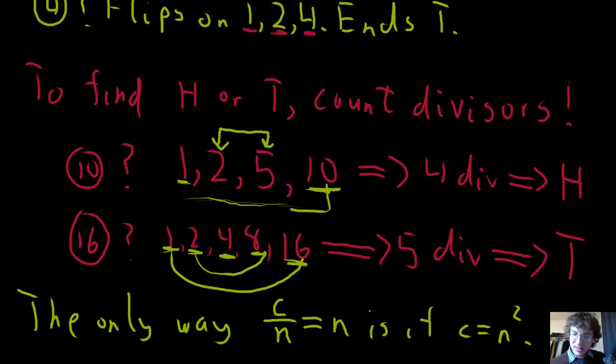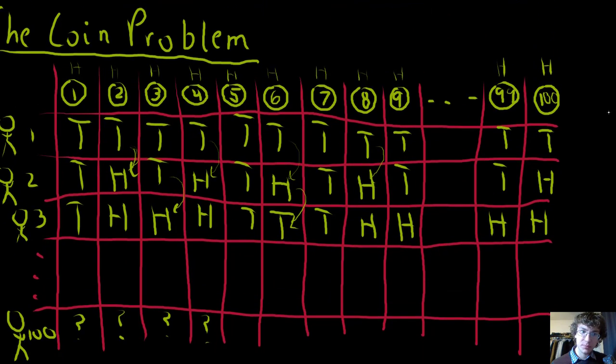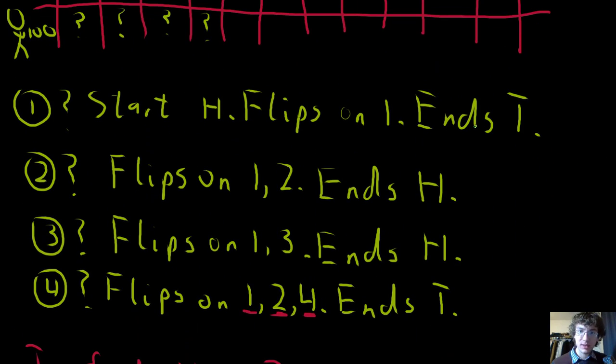So now we have a guess. Our guess is that all of the coins that end tails up are the perfect squares, because they are the numbers that have a repeated divisor. And if we go back up to the table, some of the examples I did, which were the numbers that ended tails?